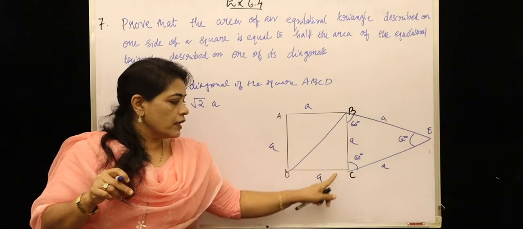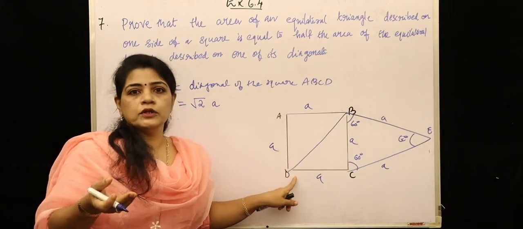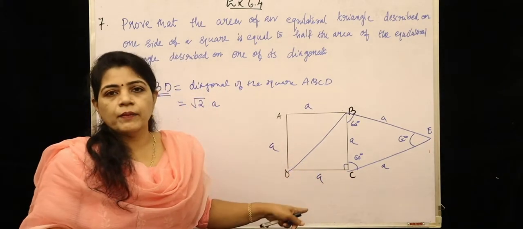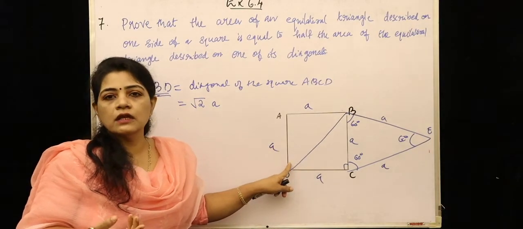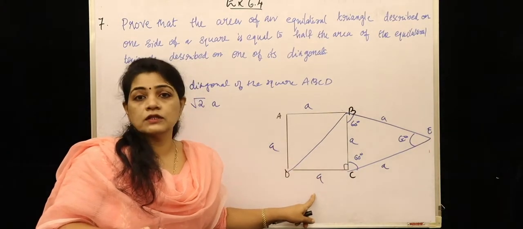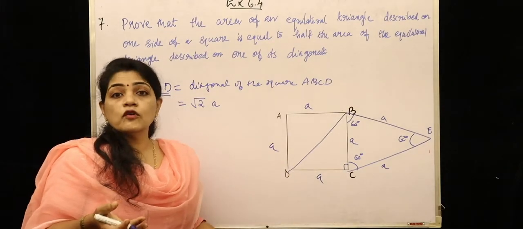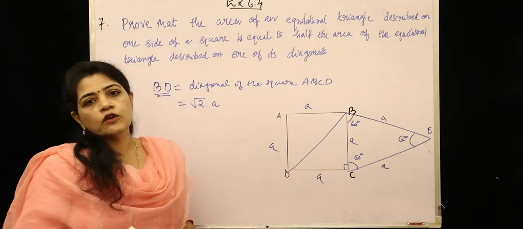So the square of the other two sides, and BD is the hypotenuse. Being a square, each angle is 90 degree, children. So applying the Pythagoras theorem, the square of the hypotenuse is equal to the sum of the squares of the other two sides. So a square plus a square, 2a square. So we need BD, so square root of 2a square is root 2 a. That is how we got this formula.